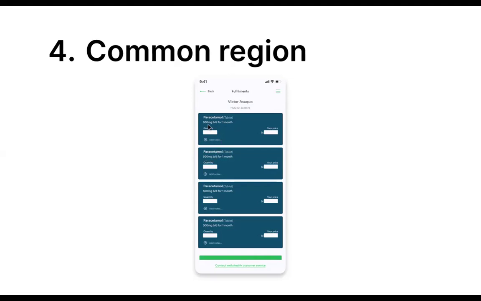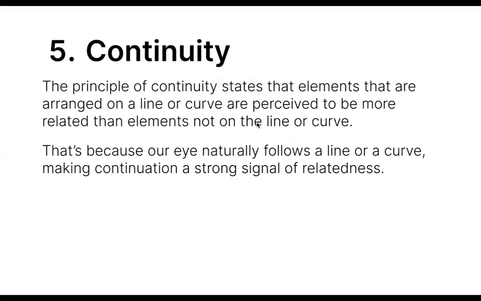They will know that this quantity and this price are for paracetamol. So they are not going to make the mistake of thinking that this price is for this one, or that this quantity is for this one, because we've put them in a box, using the principle of common region.